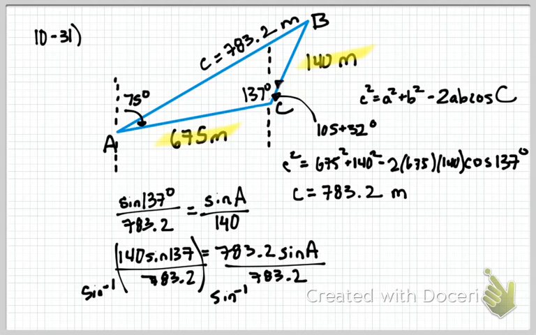You end up taking the sine inverse of all of this, which some of you might have done along the way. And then angle A is equal to 7 degrees. Now, that should make sense with your drawing because this looks like a little itty-bitty angle.